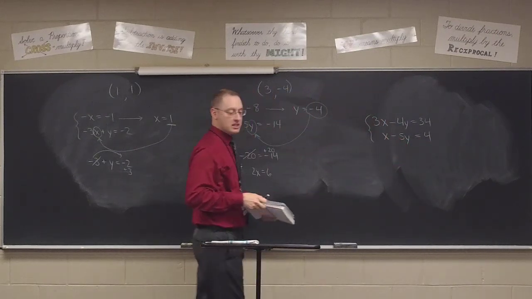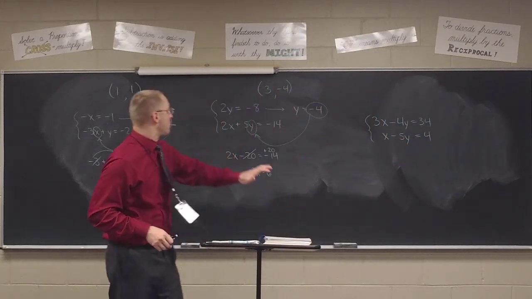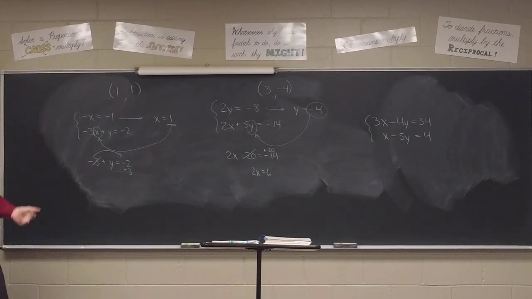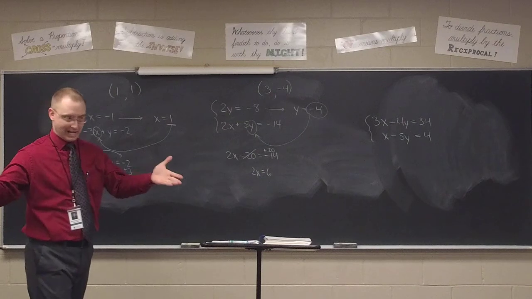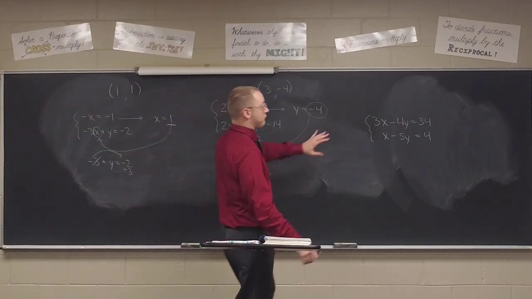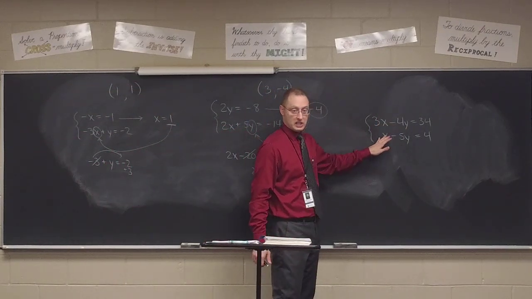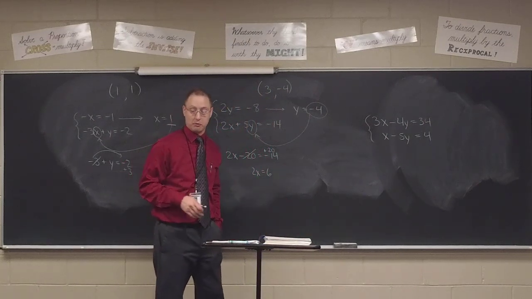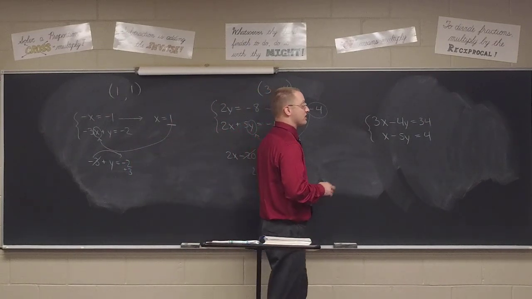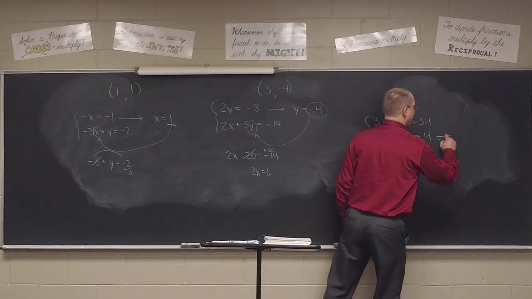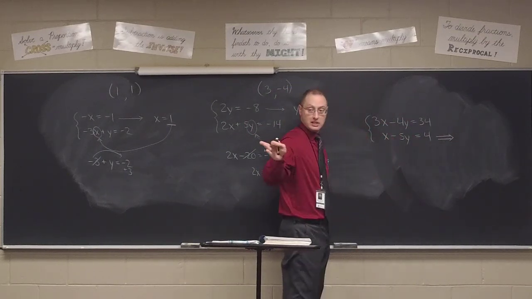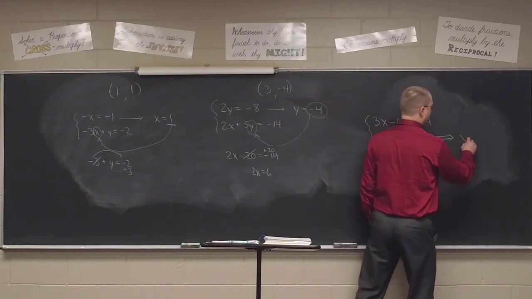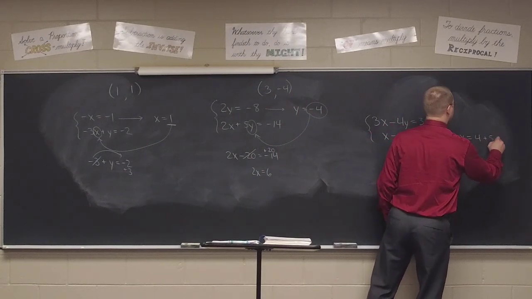And the key to the substitution method, though, like we saw here, is to get a letter by itself. And really, of the 4 variables, the first x, the first y, the second x, the second y, there's only one letter that's even remotely good to get by itself, Brecken. The second x, right? So let's rewrite this bottom equation so that it says, good, x equals 4 plus 5y.